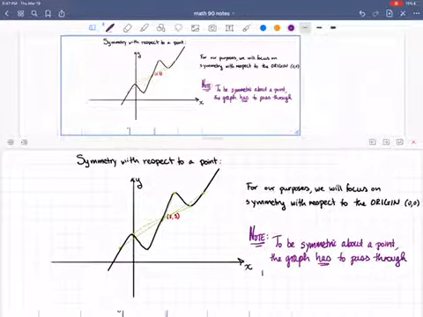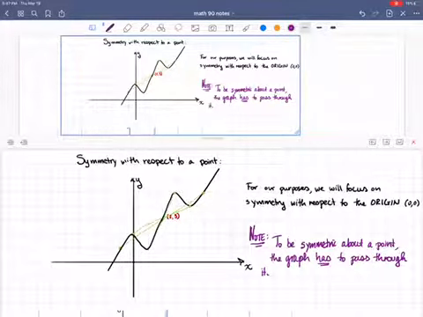Okay, so if somebody asks you, hey, is this graph symmetric about the point 2, 3? And you see it doesn't even pass through the point 2, 3, the answer is definitely no. So that's kind of a handy little thing to remember off the top of your head as just like a real quick baseline. Okay, so now let's move on to talking about symmetry with respect to the origin.